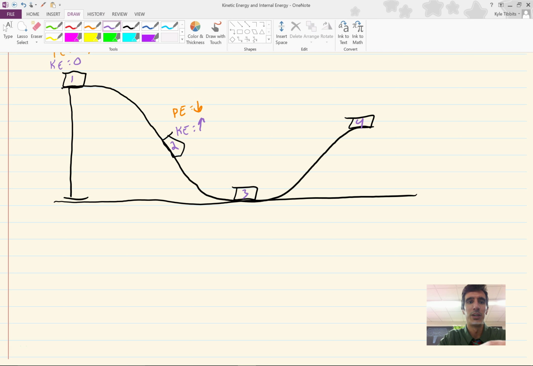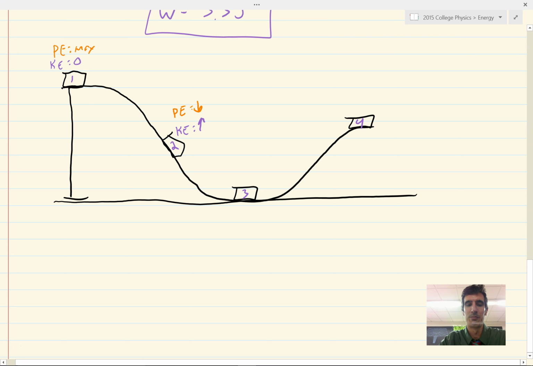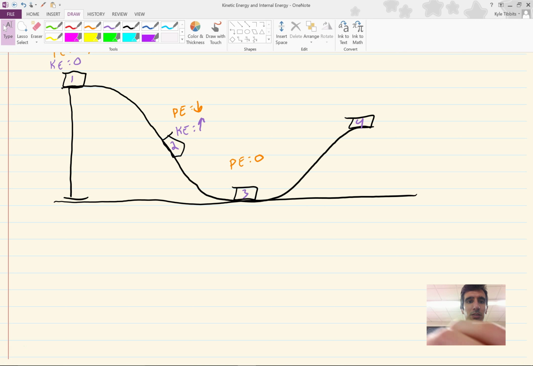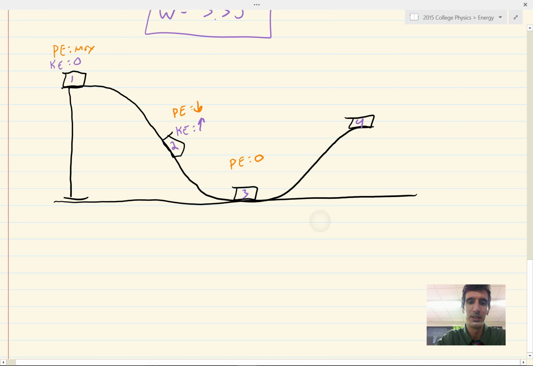Now, what happens at the very bottom to the roller coaster carts? The height is 0, so it doesn't have any potential energy. And it's at the bottom, so this is where it's going to be moving its fastest. So its kinetic energy is its max.